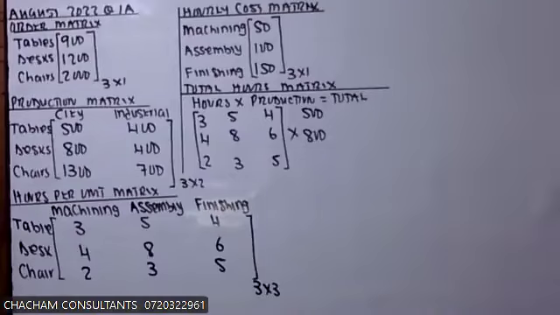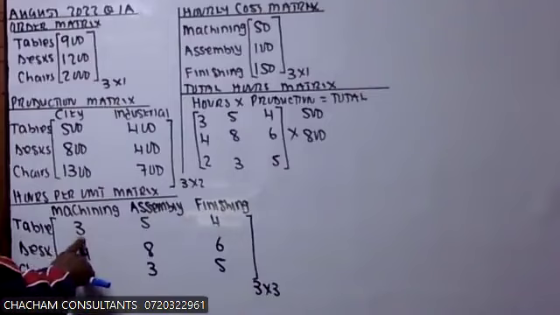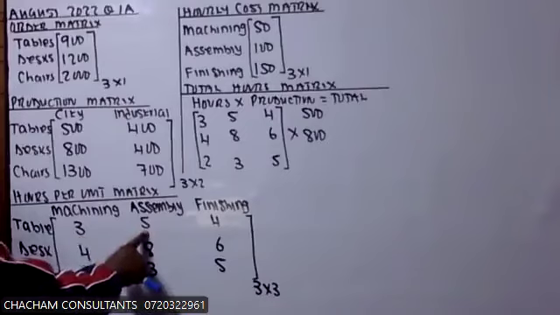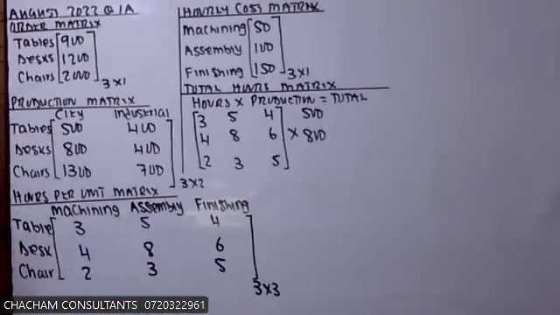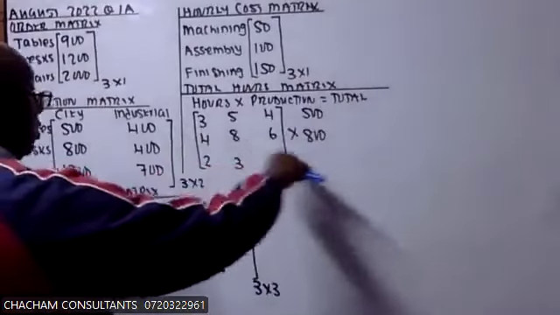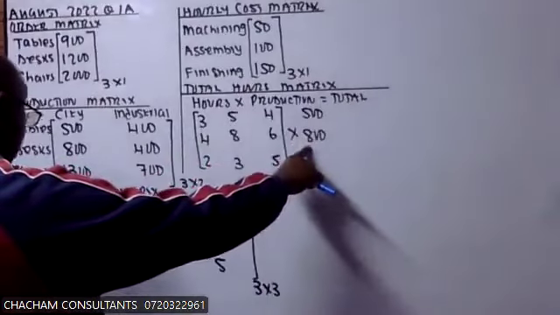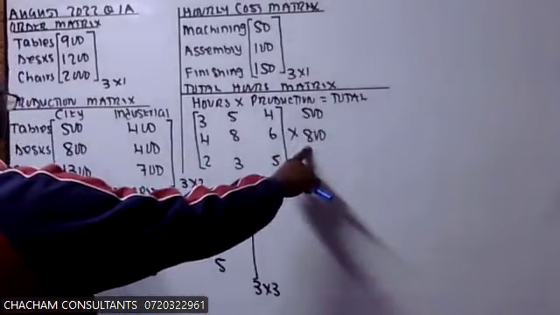So let me see. This is for the table. Five will multiply, so that will not work that way, because it will be this way. So this 5, when it comes to multiply this, these are desks.